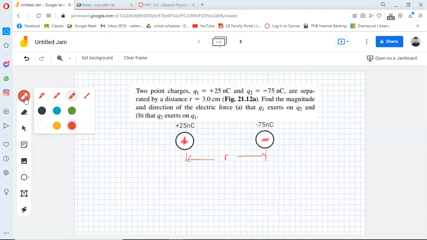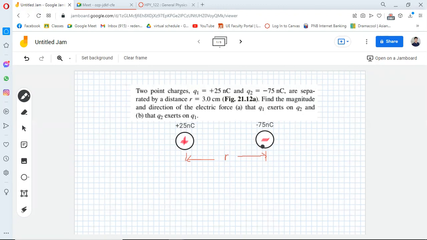The next thing na kailangan nating makita is the direction of the electric forces being experienced by individual charges due to the presence of each charge. Okay, so let us first try to examine the charge Q1 here, positive 1. The tendency of this Q1 is ma-attract siya dito kay negative. Tama?